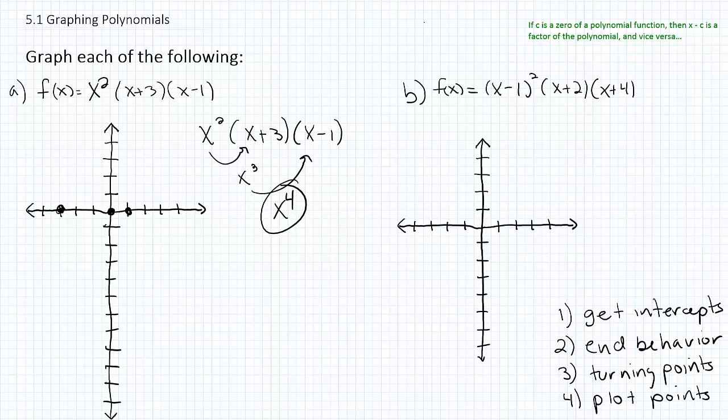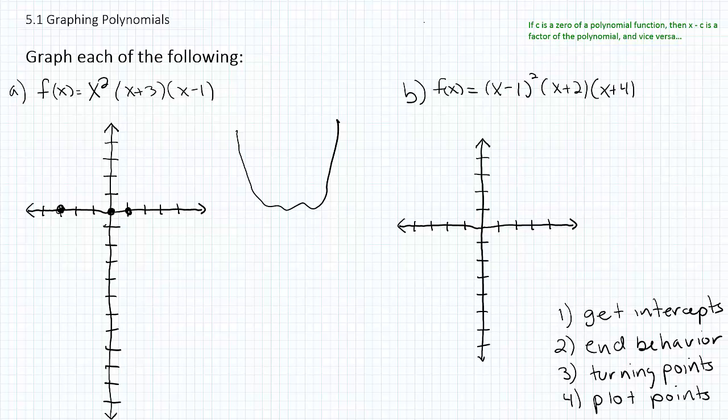Because of that, it's a polynomial with an even degree. That means it's going to enter and exit the graph from the same hemisphere. What I mean by that is that this graph is either going to come down from the top and then exit from the top, or it's going to come in from the bottom and exit from the bottom like that. That's how polynomials of even degree behave.